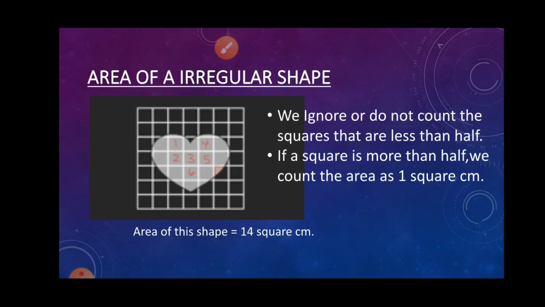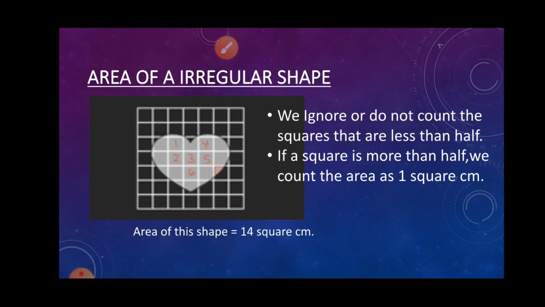Now suppose this type of irregular shape is given. Now let us find its area. Here we have to remember 2 points. First, we ignore or do not count the squares that are less than half. Second, if a square is more than half, we count the area as 1 square centimeter.